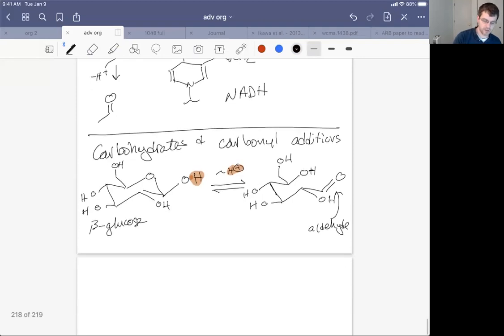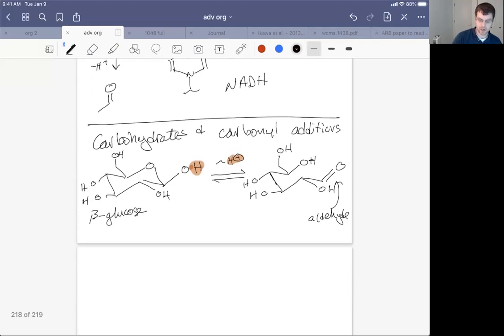And what this can do is this can actually go backwards, where the alcohol could attack back in with a hydrogen transfer event occurring. And that could give rise to another ring closed carbohydrate. Both of these structures are considered to be the monosaccharide glucose.